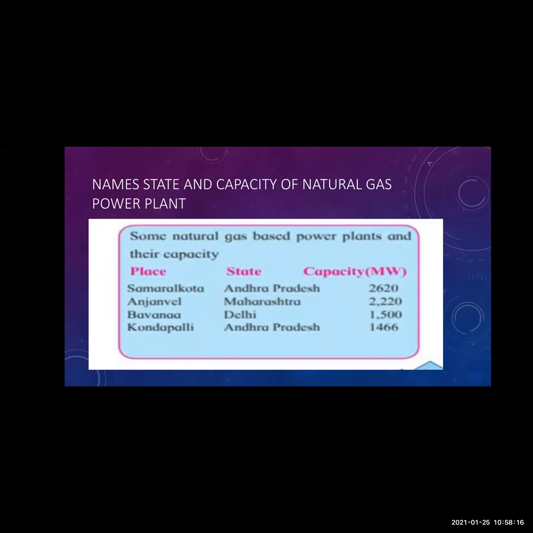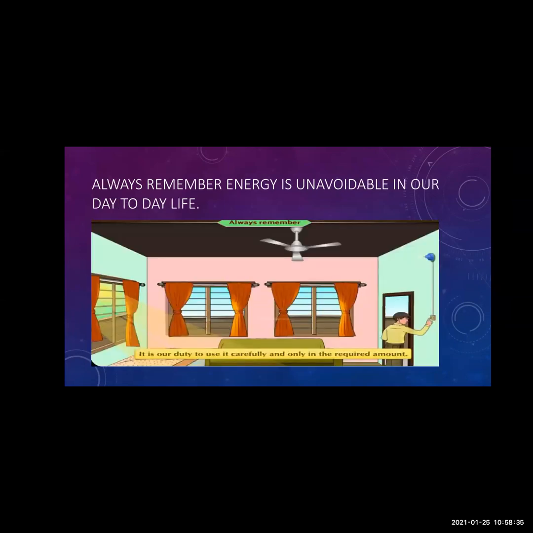In the state of Delhi, the capacity of the power plant is 1500 megawatt. And in Andhra Pradesh again, the capacity is 1466 megawatt in Kondapalli. So these were the capacities of the major power plants in India.